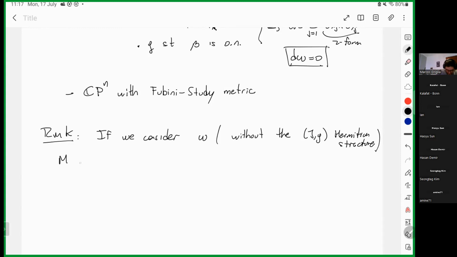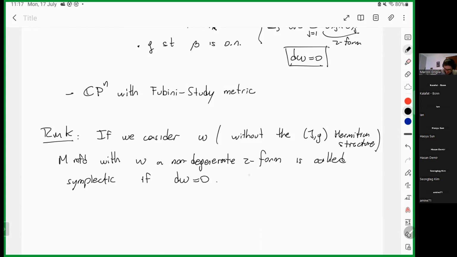So a manifold M with a non-degenerate two form omega is called symplectic if d omega is equal to 0, and M with this omega is a symplectic manifold.